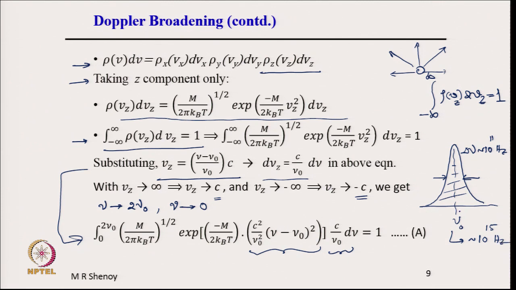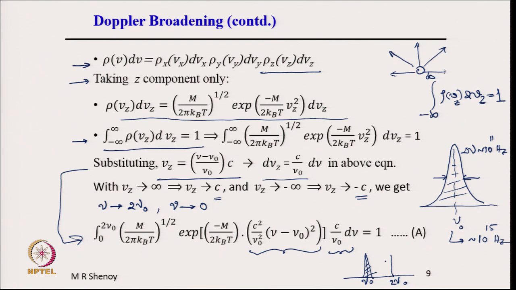So, if I want to show 2 nu 0 on the same axis, let me show here. So, nu 0 is here, 2 nu 0 is here, and we are looking at this resonance, that is delta nu is here, the spread around nu 0.